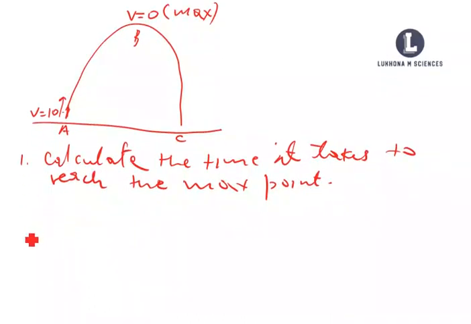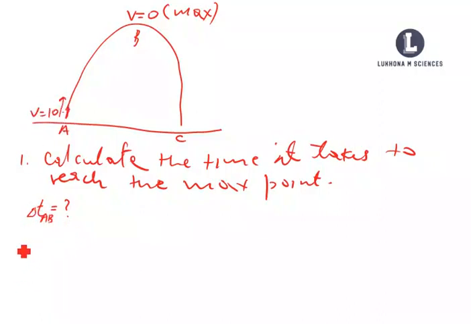So we need to collect the data, then we go to the equations of motion. We choose the one that has the data. What we are looking for, that is the first thing that you need to write in your data. We are looking for time from A to B. What do we have?